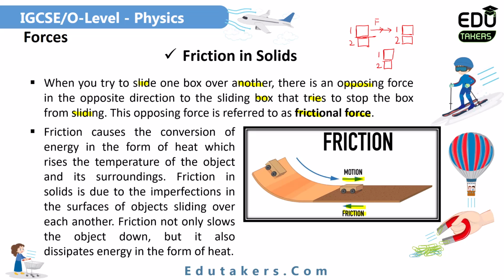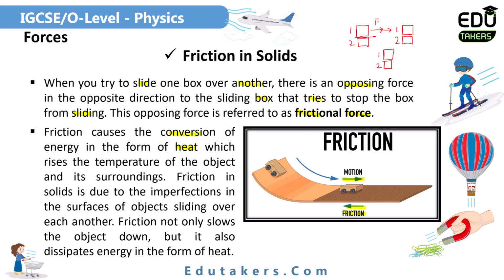It means that the energy is wasted in the form of heat energy. So you can see here, the friction causes the conversion of energy into heat, which raises the temperature of the object and its surroundings.